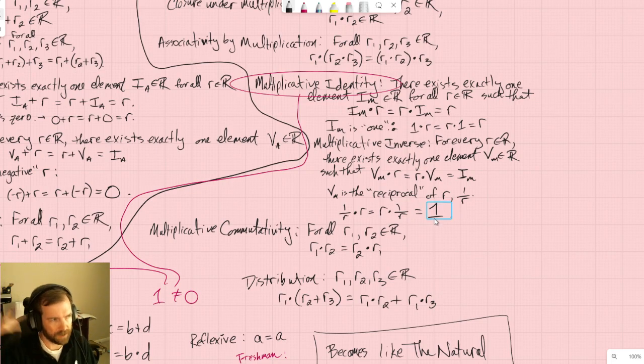We discussed earlier, last stream, that the multiplicative identity is 1, and it always looks like 1 over whatever number we picked. So 1 over r times r is going to be equal to 1, and r times 1 over r is going to be equal to 1.